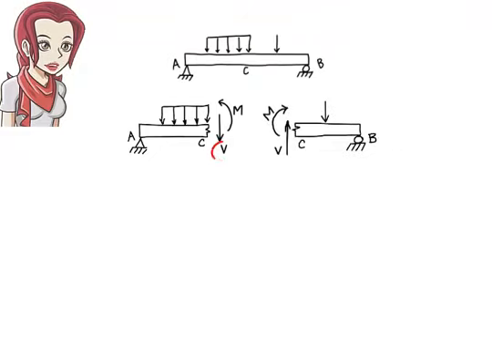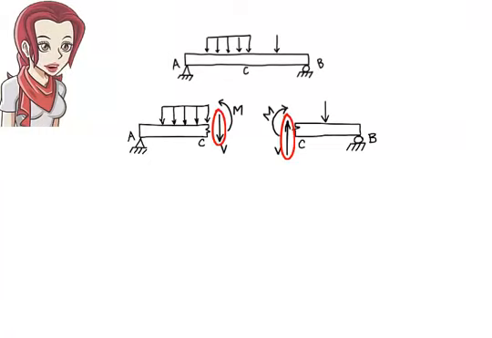Note that at C, the shear force in the left segment has the same magnitude as the shear force in the right segment. We are using the same variable, V, to denote the magnitude of both force vectors. However, they do have opposing directions. One is drawn upward, the other one is drawn downward.